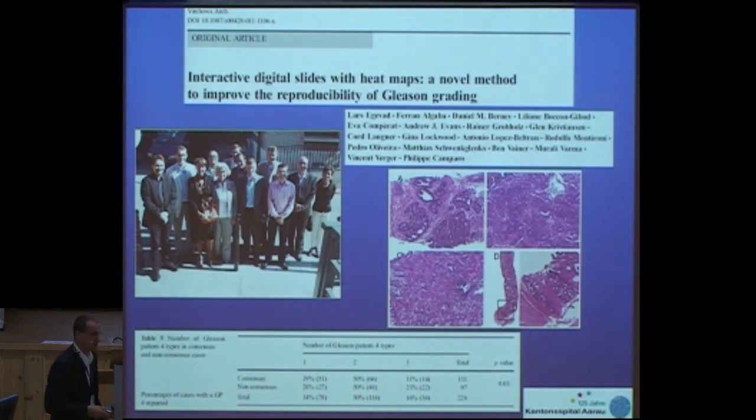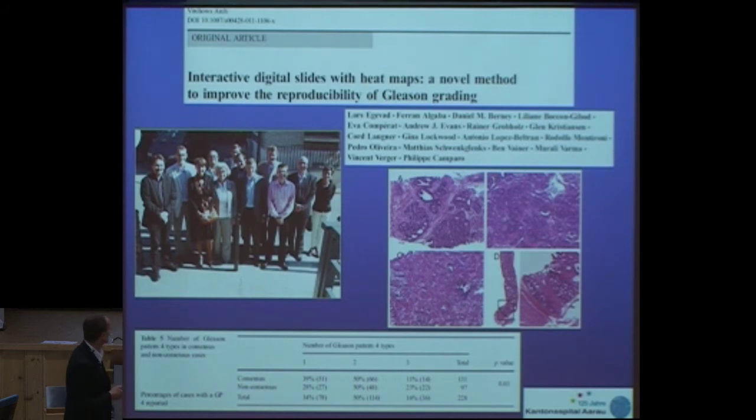So what we do is try to set up a really reproducible setting or definition. We had a group from the European working group of uropathology, and we had a consensus meeting where we set up consensus cases for Gleason pattern 3 and 4 in order to define and to give recommendations on when to diagnose what pattern and in what manner. So we sat together and defined these subtypes, which are illustrated here, and gave a tool.